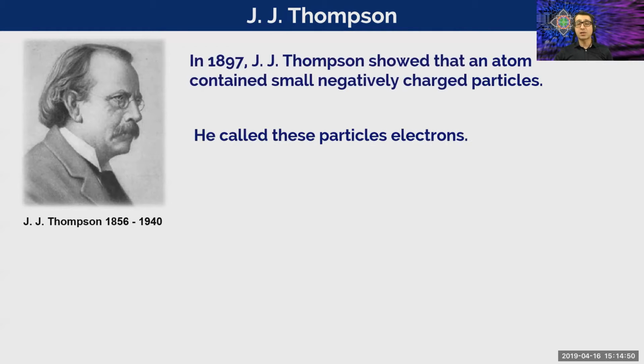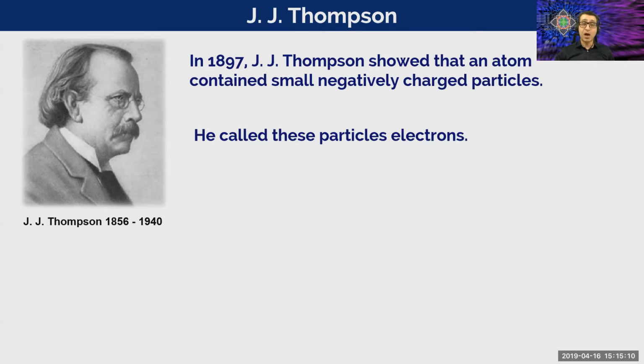So he called these particles electrons, and Thomson was aware of the fact that atoms were electrically neutral overall. And so if they had negatively charged particles within them, it follows that there must be some positive charge which balances out the negative charge and makes the overall atom neutral.